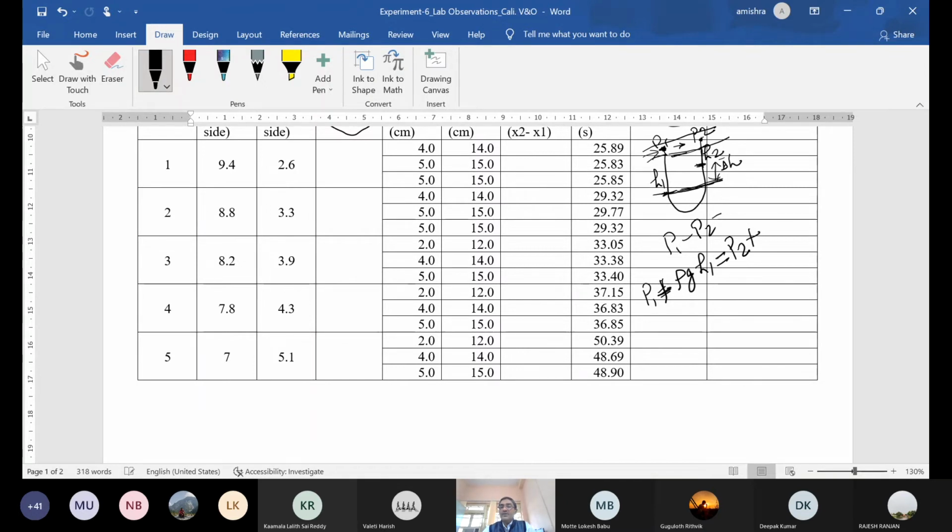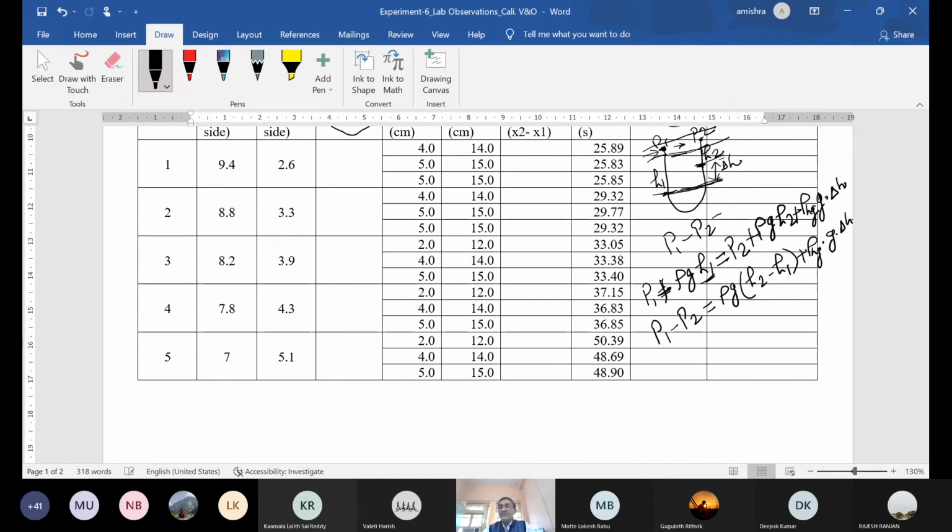So it is equal to rho g H2 plus the second condition, that is rho Hg, because it's mercury which is used, g into delta H. So if we are finding out pressure difference between P1 and P2, it is simply rho g, this H2 minus H1, it is going another side, plus rho Hg into g into delta H.